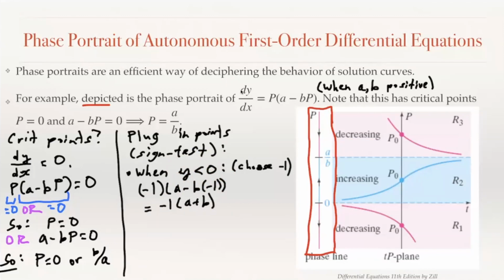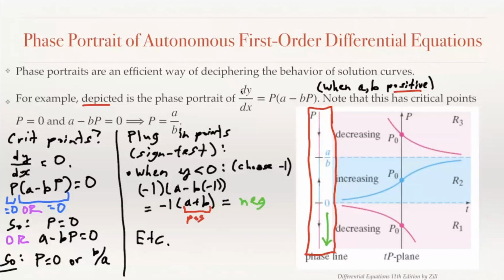And the problem here, the phrasing should have specified that a and b are positive. So a plus b is also positive. So this is negative. So we would know that down here it's negative. And we could continue, etc. And we would find the depicted phase diagram.